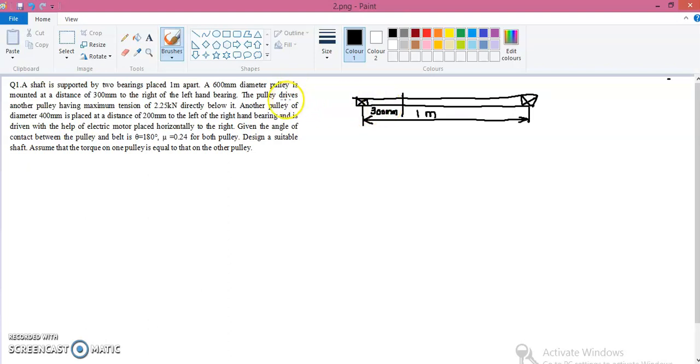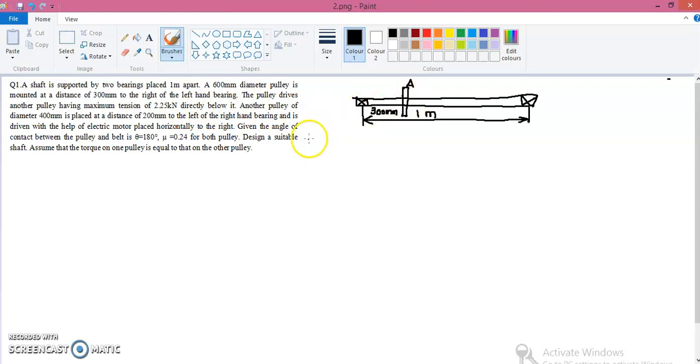Now the diameter of the pulley is equal to 600 millimeters. So proportionately I can draw this pulley. So this is a pulley. I'm naming this pulley as pulley A. And then the maximum tension acting on this pulley is given as 2.25 kilonewton.